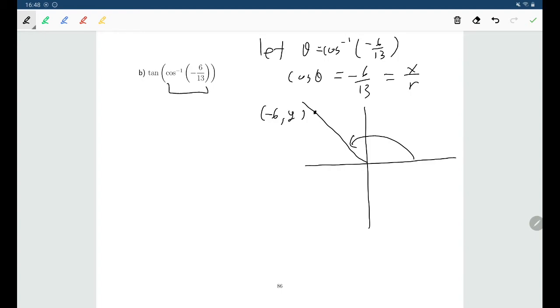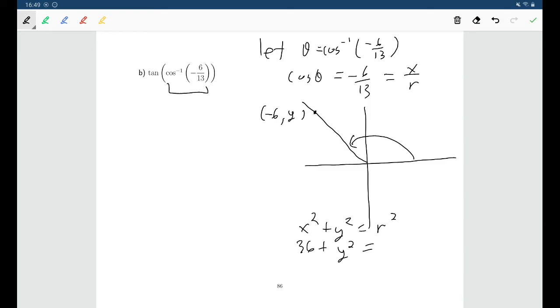All we have to do is find y. We know that x squared plus y squared is equal to r squared. In this case, x squared is negative 6 squared, or 36. R squared is 169, that's 13 squared.